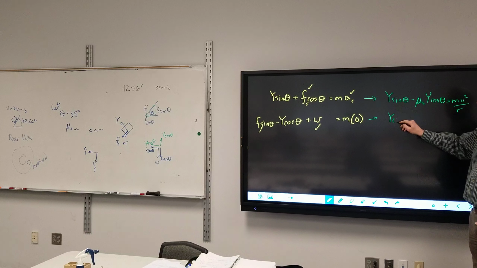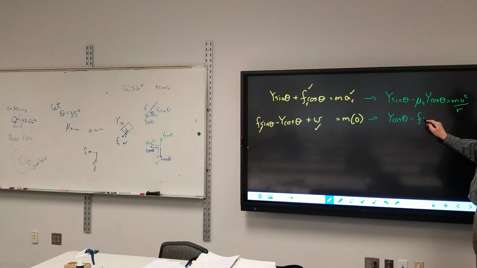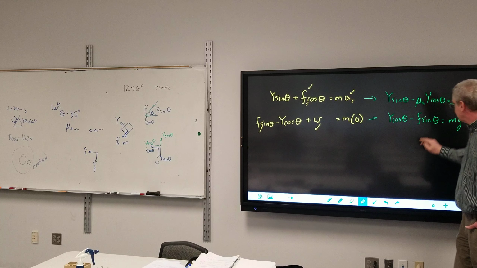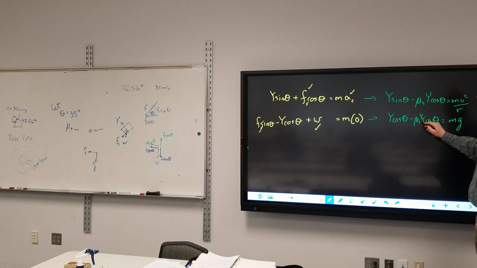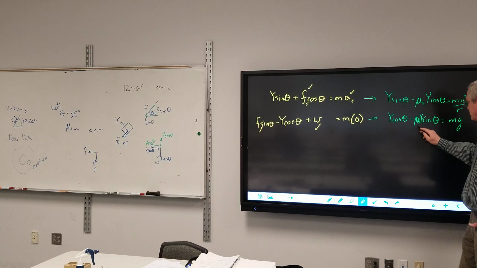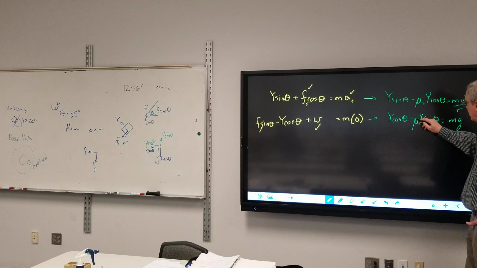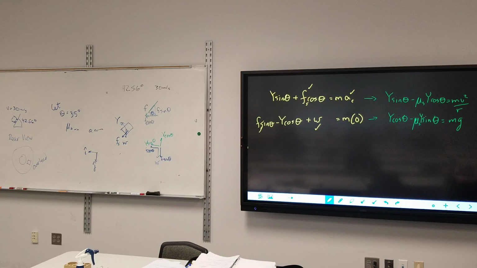So I get y cosine theta minus f sine theta is equal to mg. In essence, I added y cosine theta and subtracted f sine theta over to the right-hand side and then just flipped the sides.